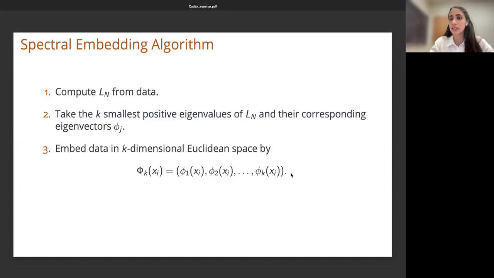And after we do this, this can be used, for example, for dimensionality reduction or for pre-processing data before applying some more sophisticated methods. And we see that after we've filtered things through the graph Laplacian, now we have just vectors, and we can do the same things we're used to in our data science algorithms or methods. So this is great because we're back to linear algebra, which is what we like.